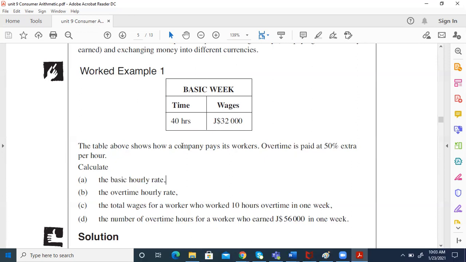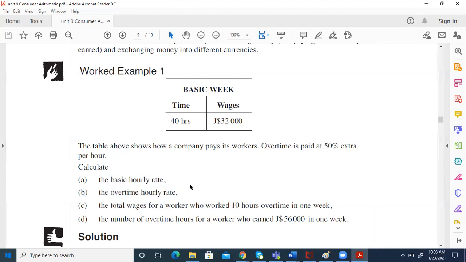That just means this is standard: if you work 40 hours for the week, we pay you your standard $32,000 for that.